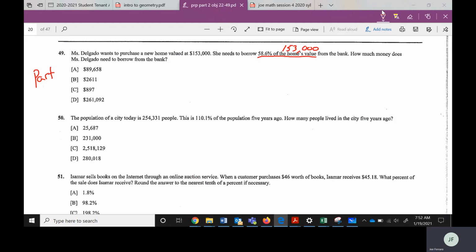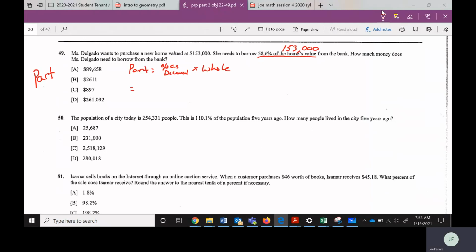Okay, so review from before. The part equals the percent as a decimal times the whole. So now we just fill in.